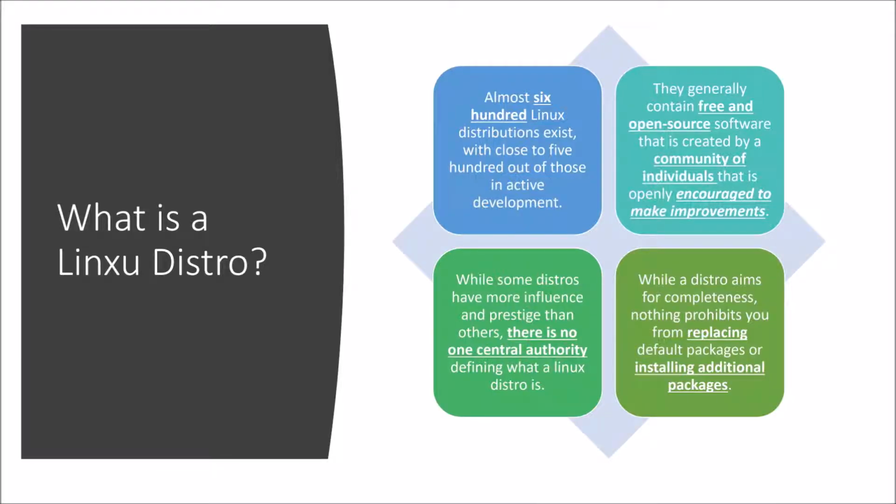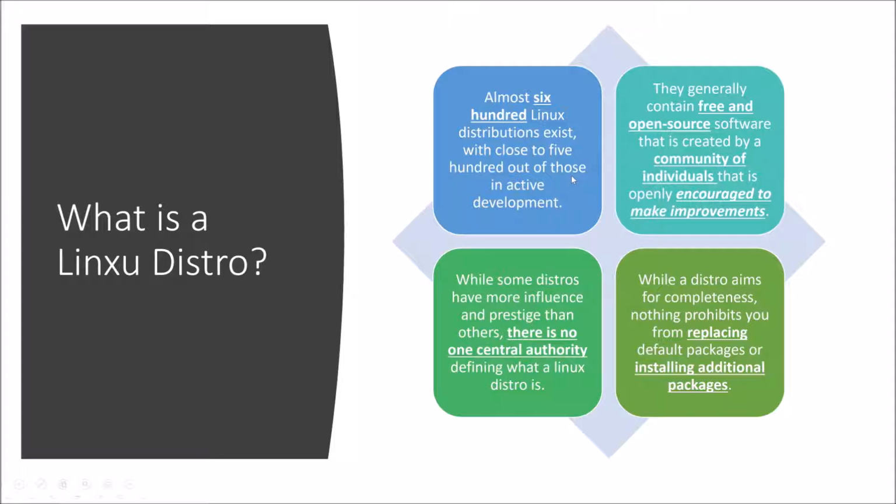Okay, so let's now look at some other aspects of a Linux distribution and possibly how they're different from ontological mathematics. First of all, there are almost 600 Linux distributions. As we all know, there are really only maybe 5 or 6 major ones, but there are all sorts of variants.